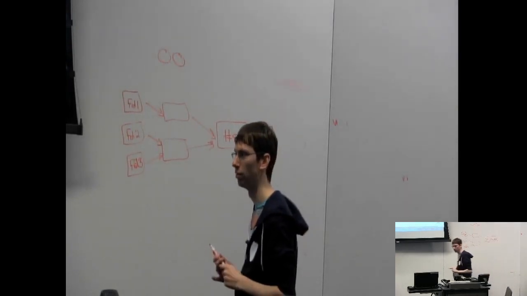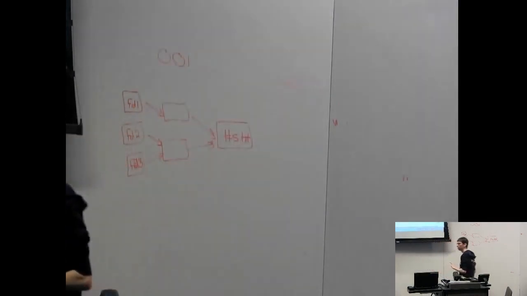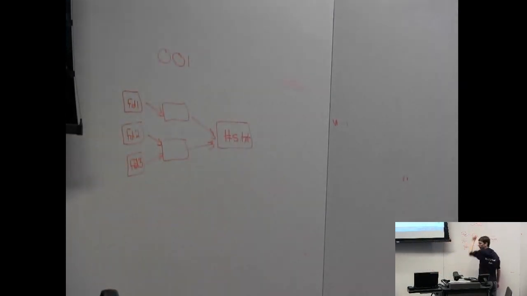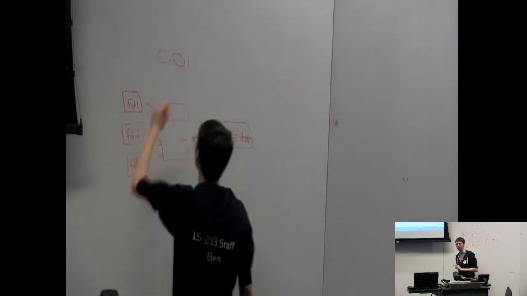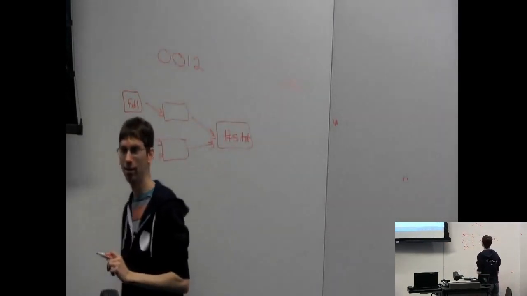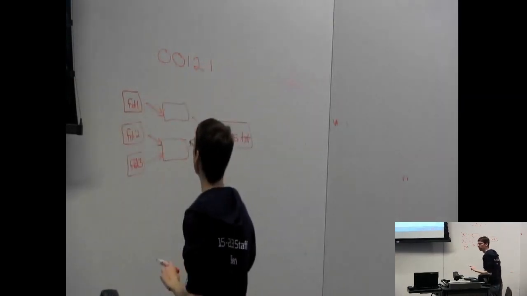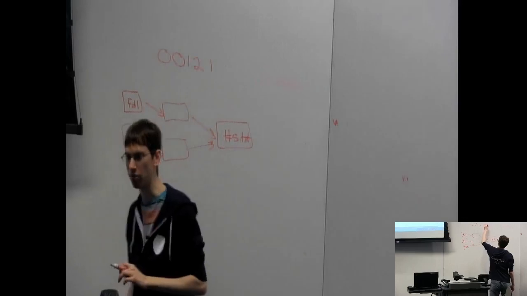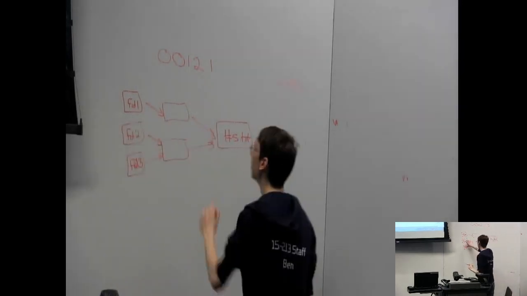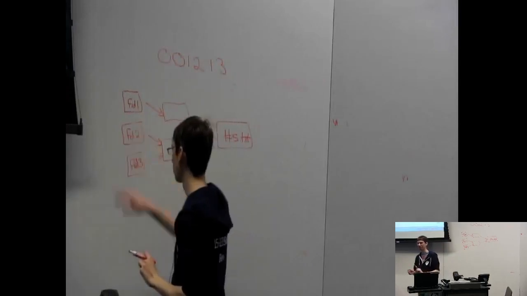Okay. And then now we do file 2 again. So 2. And now we do file 1. 1, yeah, because remember file 1 is keeping track of its position information independently. And now we do file 3. 3. Right, okay. So file descriptors 2 and 3 are essentially the same thing.